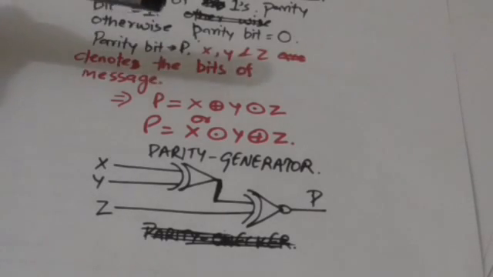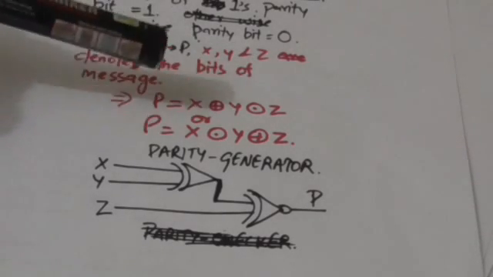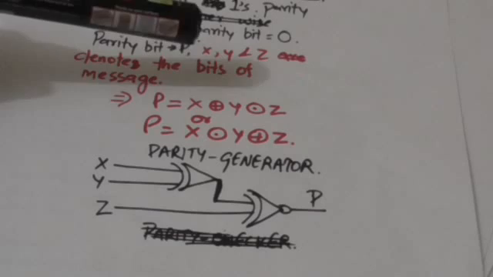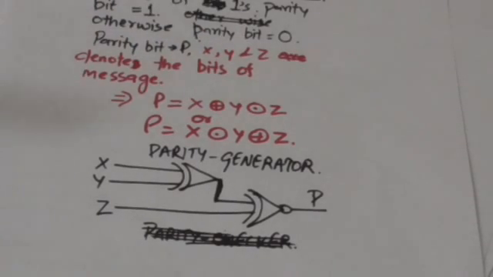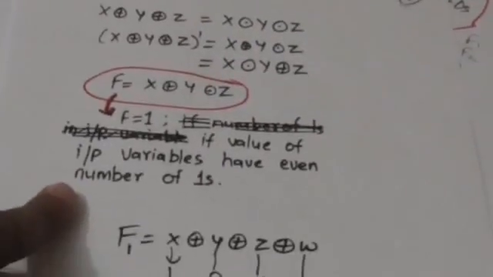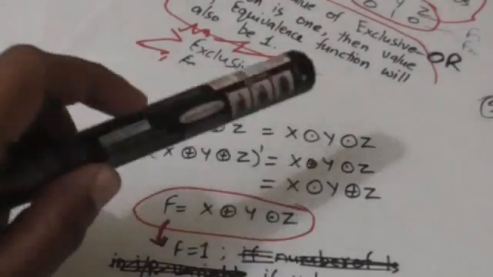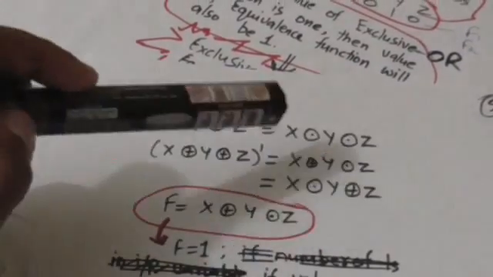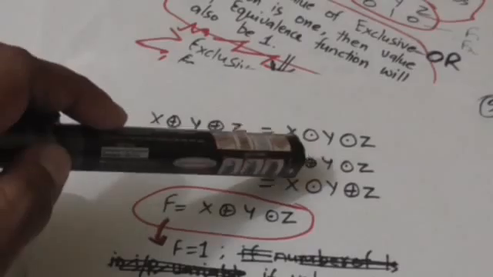So it means P would be the complement of x XOR y XOR z, which is equal to x XOR y equivalence z, and it is also equal to x equivalence y XOR z.